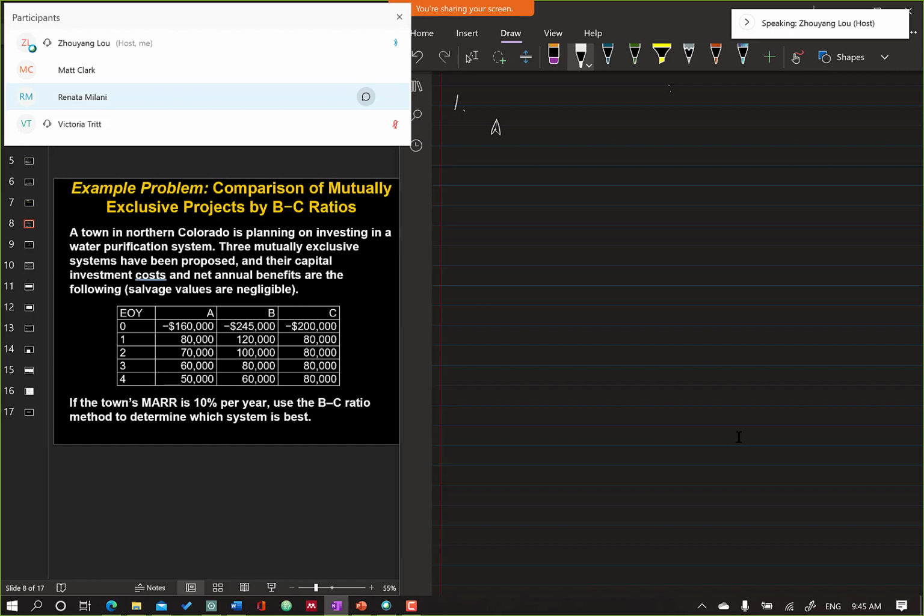So A, C, and B, right? Let me write down what is for that. C is minus 200,000. B is 25,000. And I drop down all these numbers.